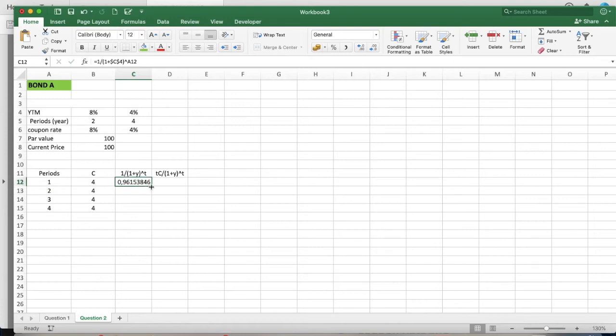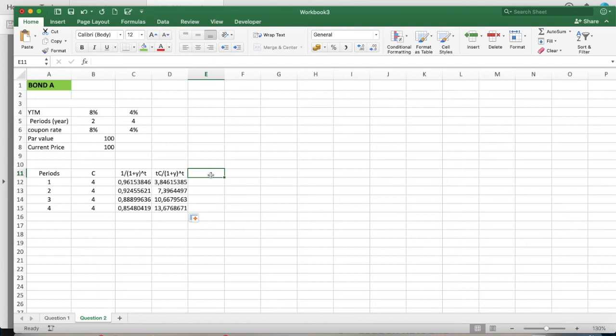Then we scroll down. Then we compute this first term, t times c divided by 1 plus y power t, equal to t times c times the present value factor, and we scroll down.